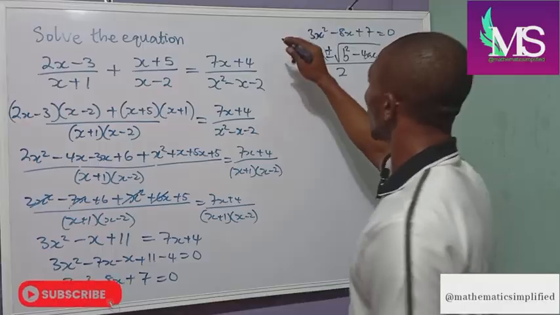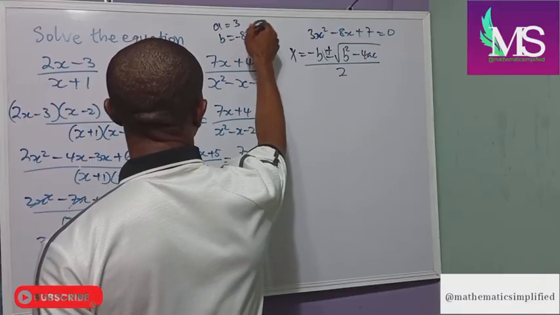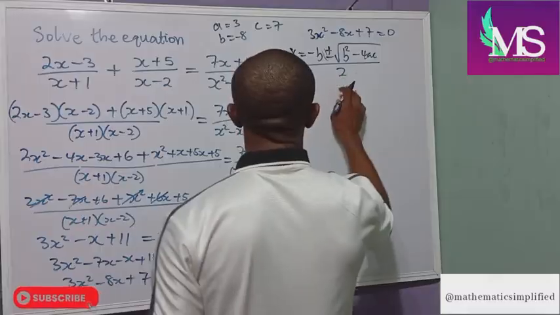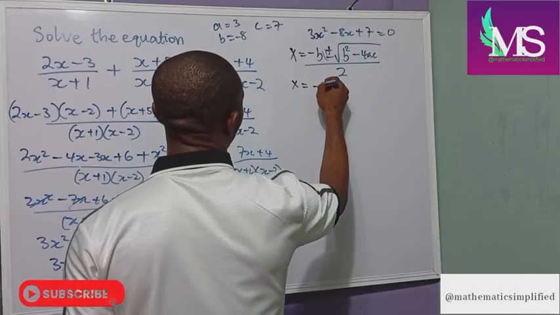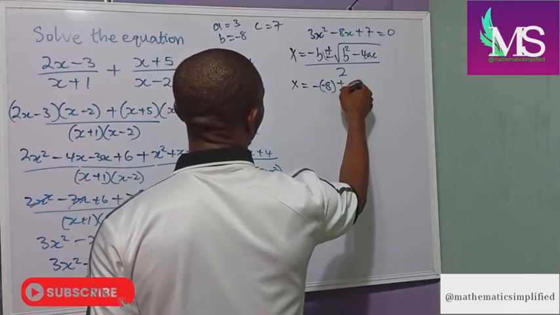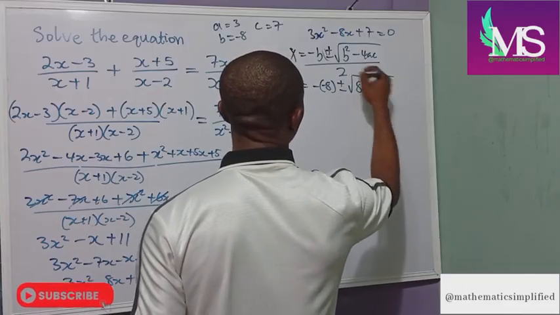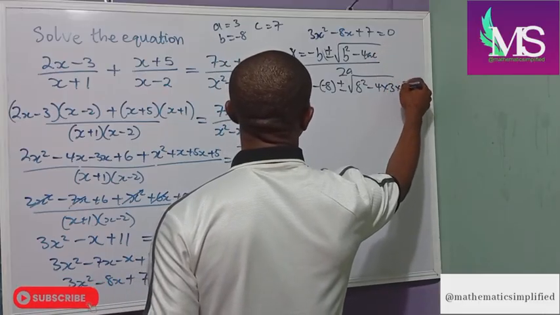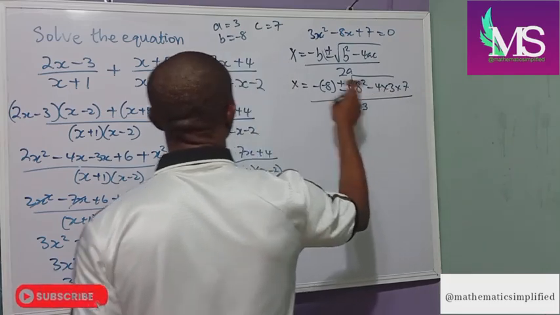Now in this situation, our a is 3, b is minus 8, and c is 7. So applying that here, x equals minus (minus 8) plus or minus root of 8 squared minus 4 times 3 times 7, all over 2 times 3, which is our a.